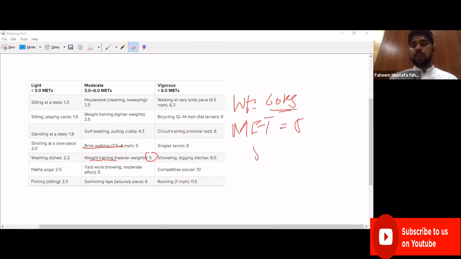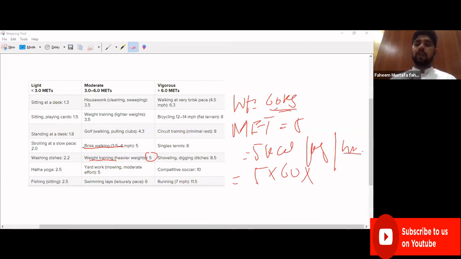So it's equivalent to 5 kilocalorie per kg per hour. So I will multiply 5 with my body weight, that is 60, and with the hours that I'm doing that specific physical activity. I'm doing it for 1 hour, so I will multiply it with 1, so it will be 300 kilocalories.